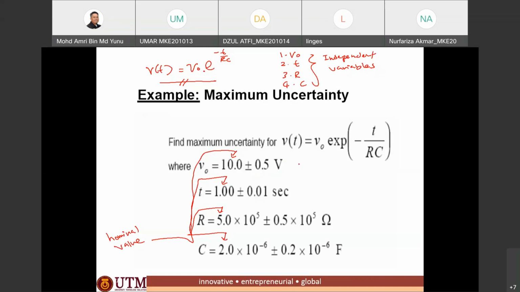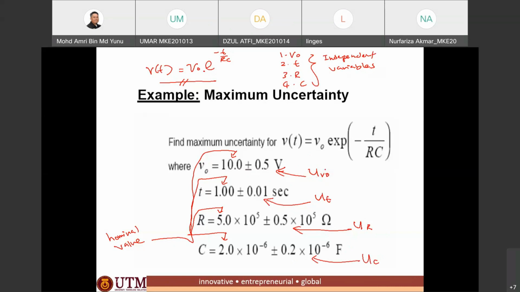This is U Vo, and this is the uncertainty level for t, U t, and this is U R, and this is U C, the uncertainty.